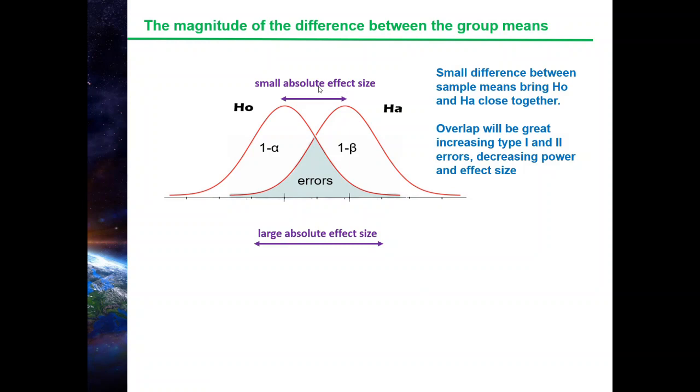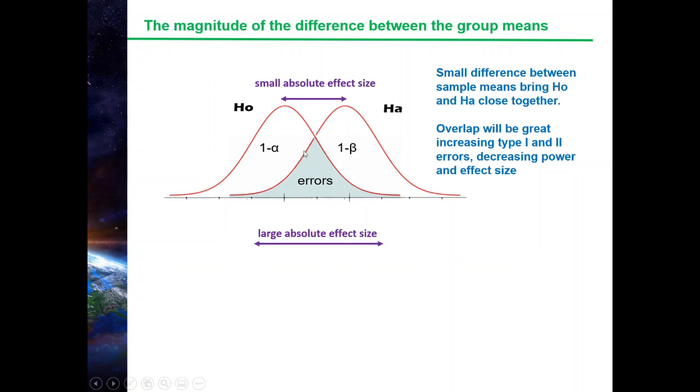What happens is when you have group means that are very much alike, that is, they're not very different from each other, this will bring H0 and HA closer together. A small difference between your sample means brings these two distributions closer together. And when they're closer together, that means they overlap more.